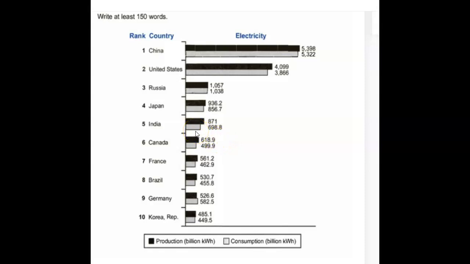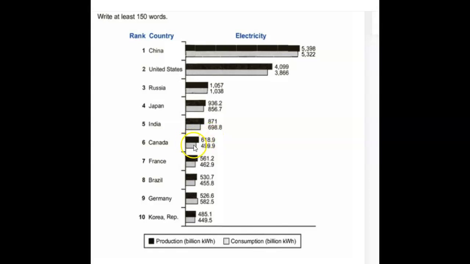I really like using this kind of structure to group things together. I like to call it an umbrella. So I then group them together. Even if I don't go into details about all of them, I've at least given you a general idea about where these numbers fall. So I would say the next 4 countries, and I would name them for sure, Canada, France, Brazil, and Germany, all were below 700 billion kWh.